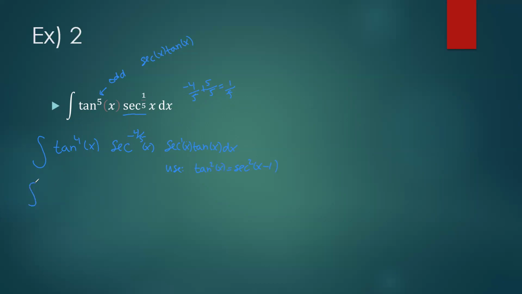So I'm going to rewrite this as secant square of x minus 1, and then I'm going to raise it to the second power because I still need a fourth, right? And then I'm going to leave this secant negative 4/5 alone, and I'm going to leave the secant x tan x alone.